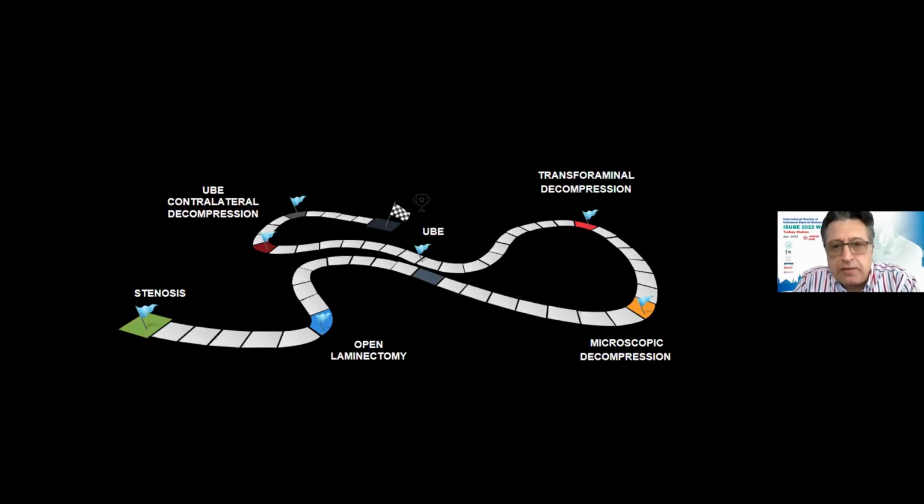But when I saw the UBA surgery, I was really impressed by the advantages of this surgery. And actually for stenosis cases, I use a contralateral decompression approach for this pathology.